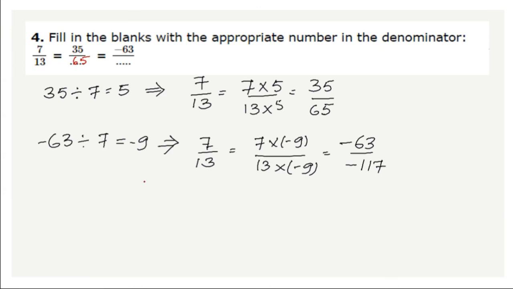So the second blank is negative 117. Hence, we have 7 upon 13 equal to 35 upon 65, which is equal to negative 63 upon negative 117.